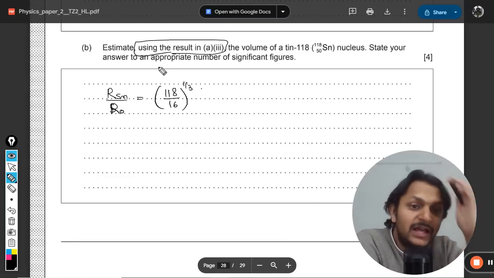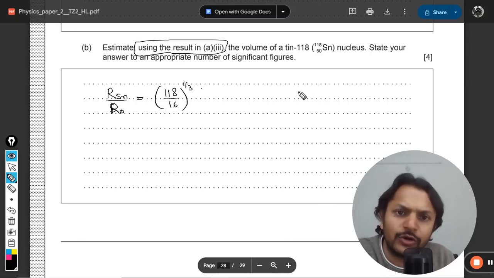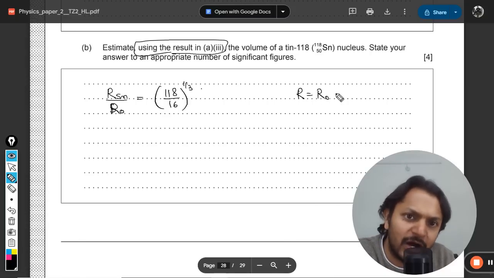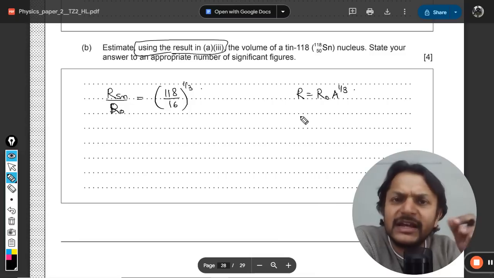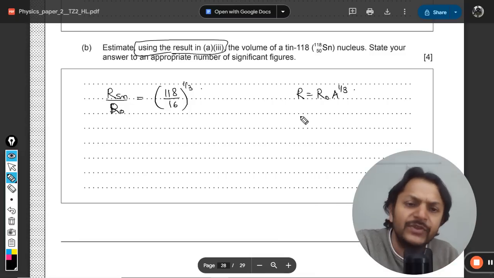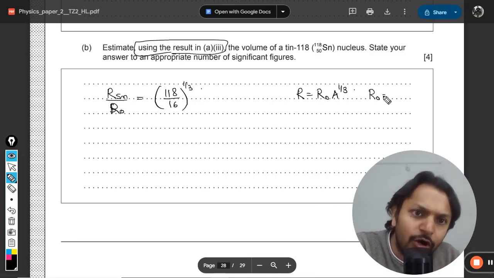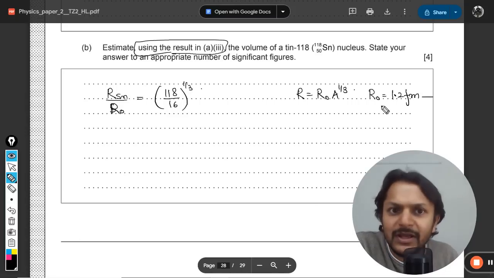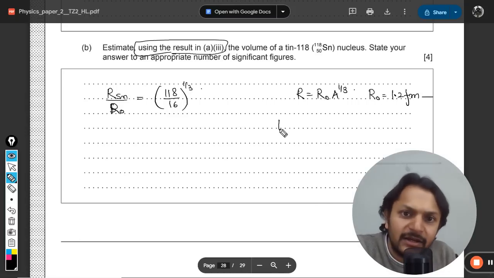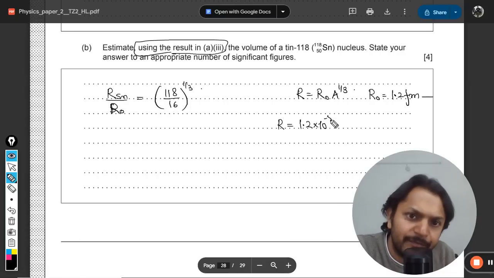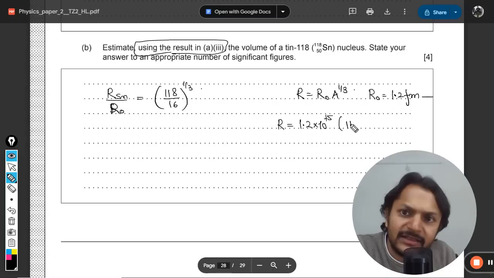But now let us do one more calculation. Now R is equal to R naught A raised to power 1 by 3. This is also another formula that is derived from the same proportionality, but the value of R naught is found to be 1.2 Fermi meter. Now if I use this here for the tin, the radius of the tin will be 1.2 Fermi, and this will be 118 raised to power 1 by 3.